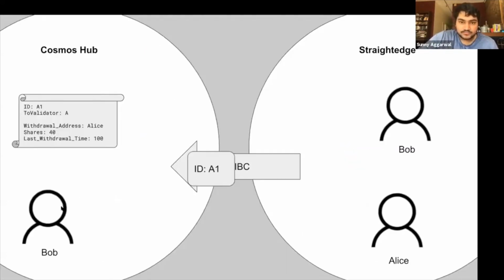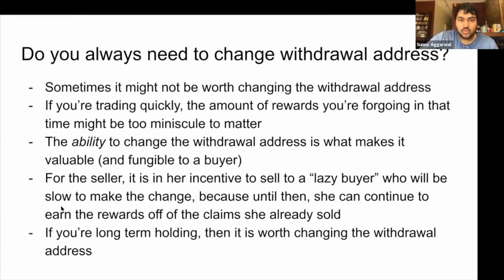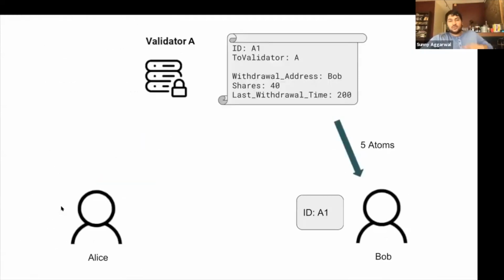So what does this mean? Let's say you have the option to buy the delegation claim from Alice or Charlie, and they both have the same number of bonded atoms, let's say 100 shares. But Alice has not withdrawn in months, while Charlie withdrew just yesterday.